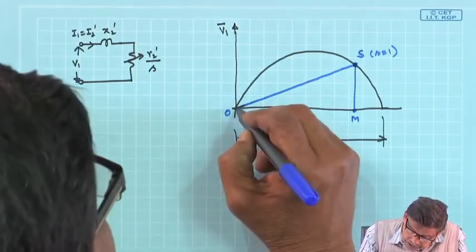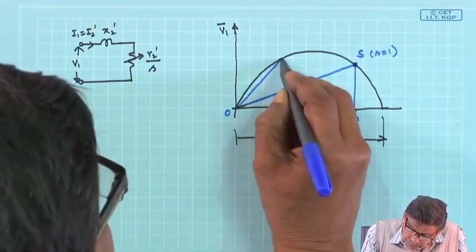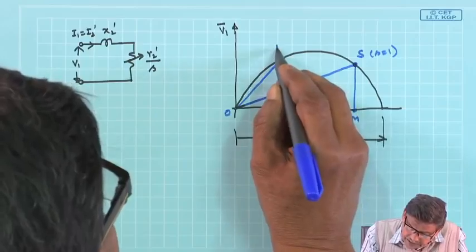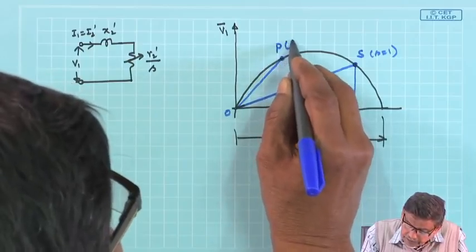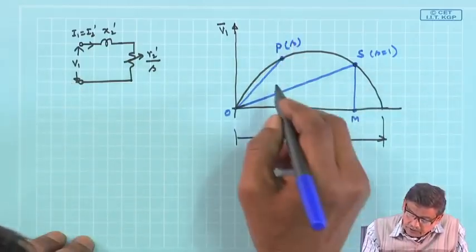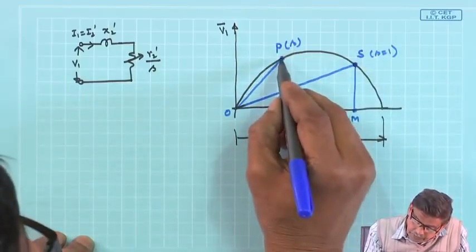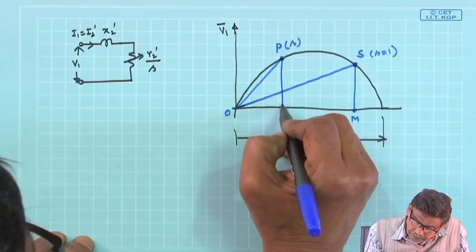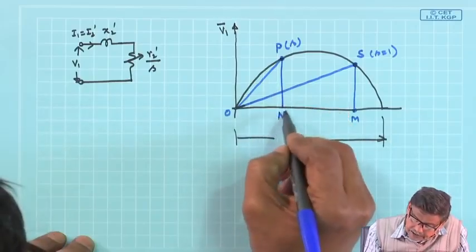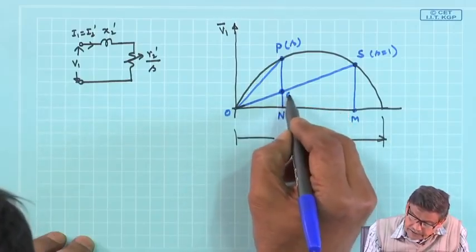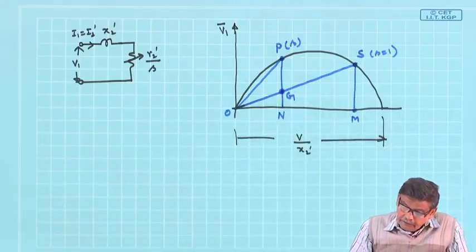Now, when the machine is operating at a general operating point with slip s, which is less than 1, you just drop a perpendicular here, call it N and call this point G, just like that.